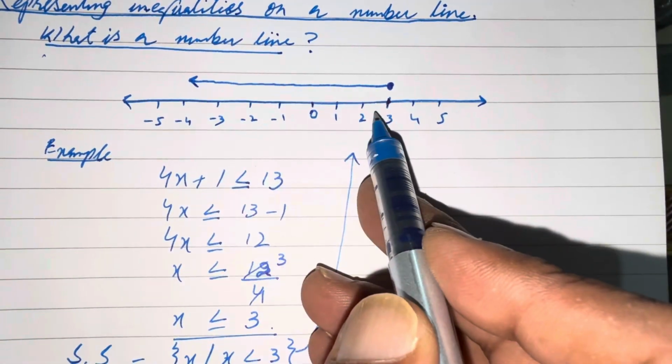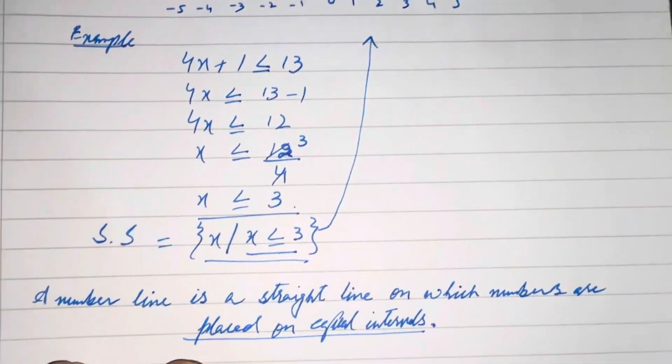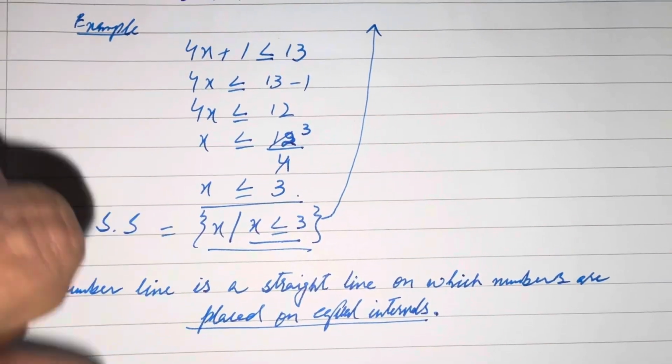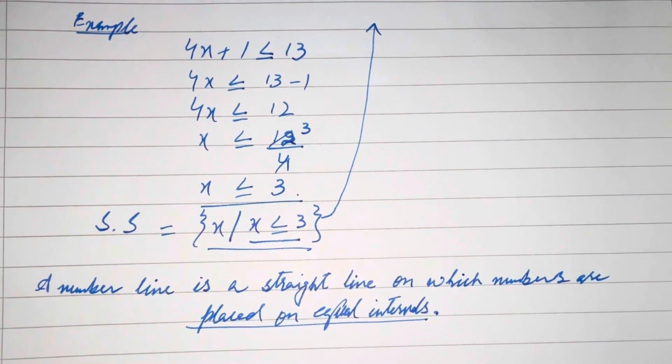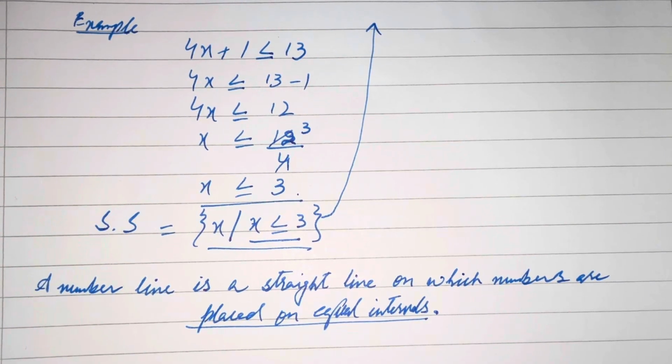So hopefully you understand how we have solved this linear inequality, and how we have represented its solution set on the number line.